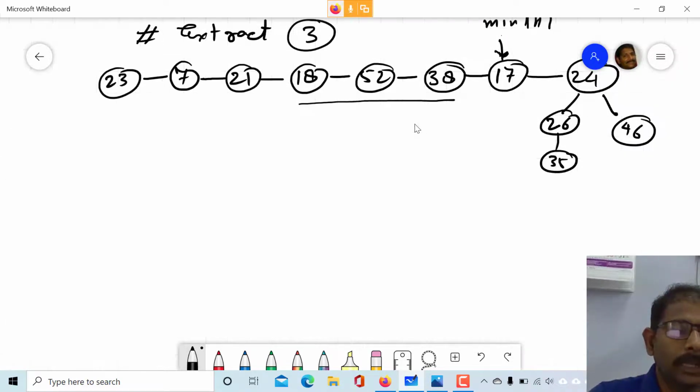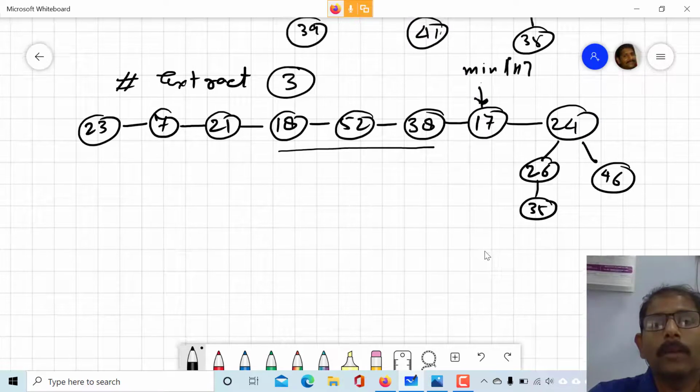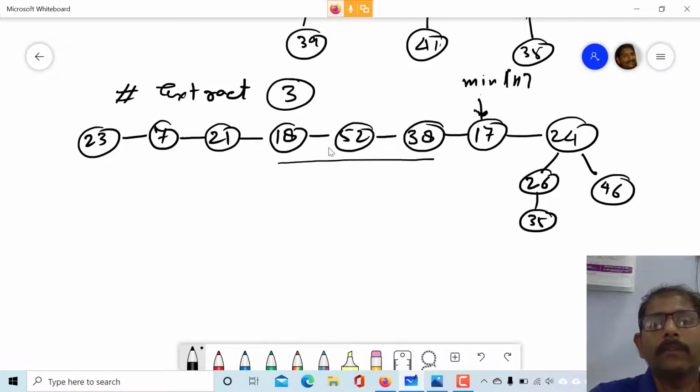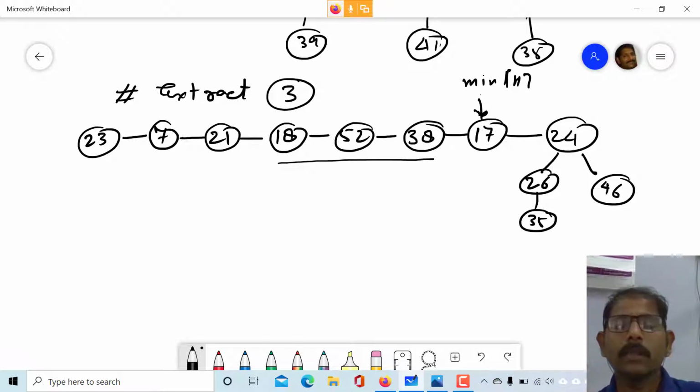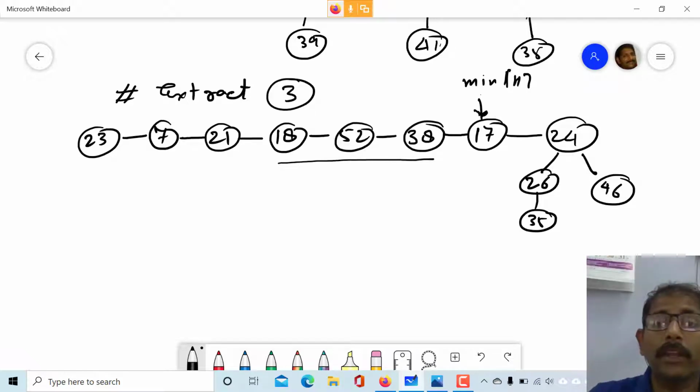What will be the next process? Because there are a lot of nodes with degree 0, first of all we have to justify it. We have extracted a node, so first of all we have to justify it. How can we justify it?